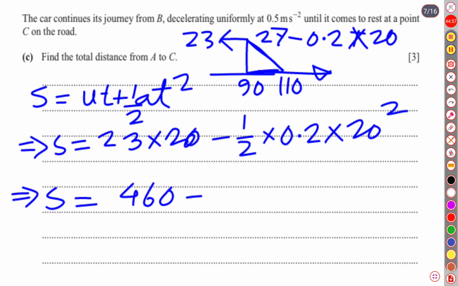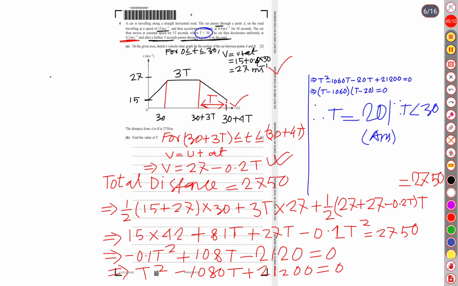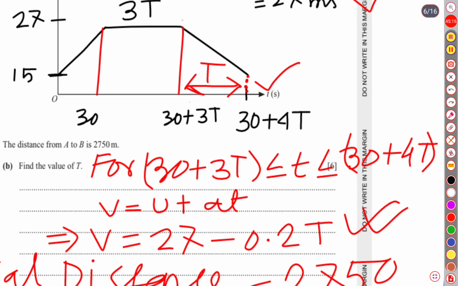No, we cannot apply this s equal to ut plus half at square, because actually this is not the time. We don't know the exact time. Let me show you the graph from here. Look at this. When v was 0, that time is not given to us. That means if you extend this line over here, the final time is not known to us. 90 is this one.